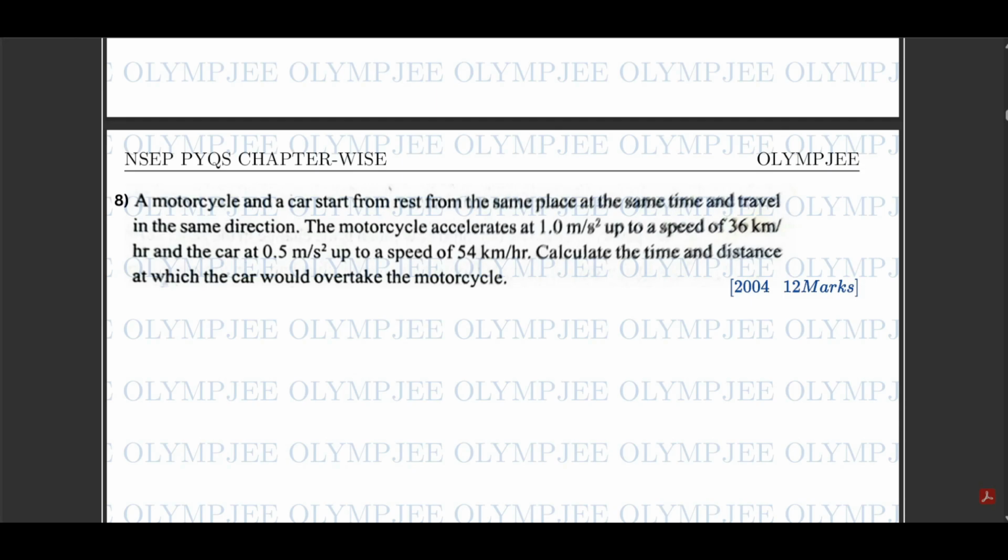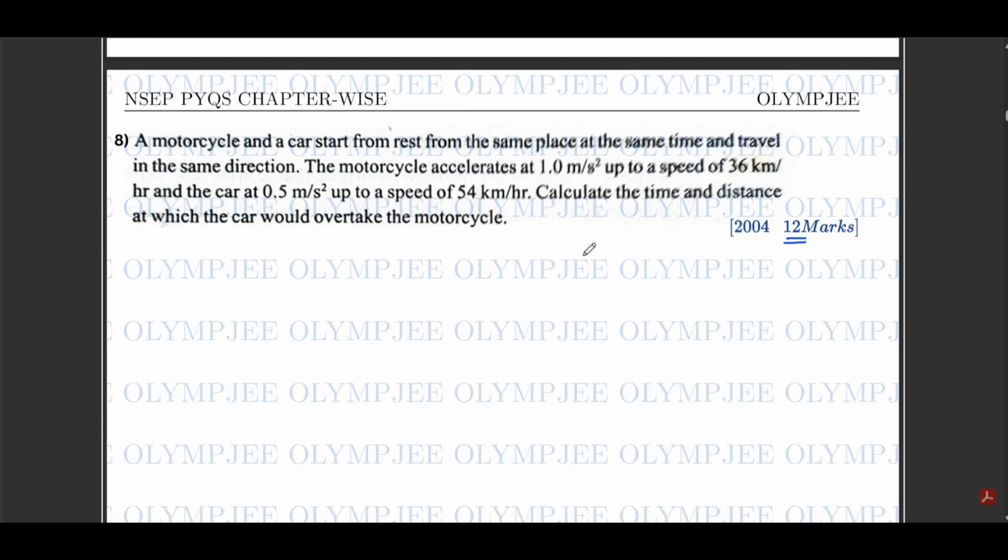So the eighth question is a 12 mark question. It is a bit difficult, but I'll try my best to explain it. The question says a motorcycle and a car start from rest from the same place at the same time and travel in the same direction. The motorcycle accelerates at 1 meter per second square up to a speed of 36 km per hour.